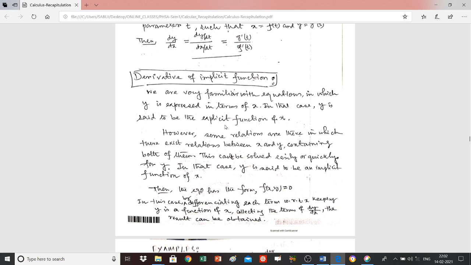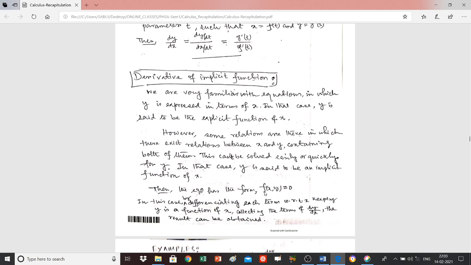If, however, both the left hand side and the right hand side contain both x and y, that is, the dependent and independent variables are mixed, and y is still a function of x, then y is said to be an implicit function of x. In case of an implicit function, you can write the relation between x and y as f(x, y) equal to 0.